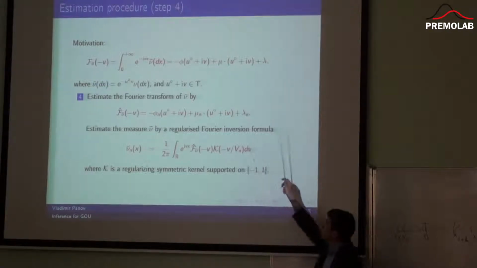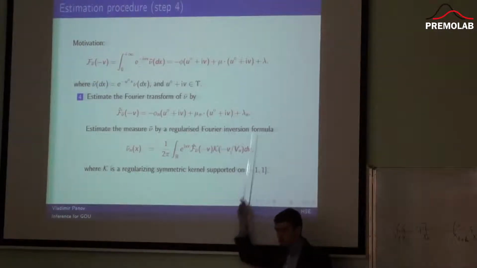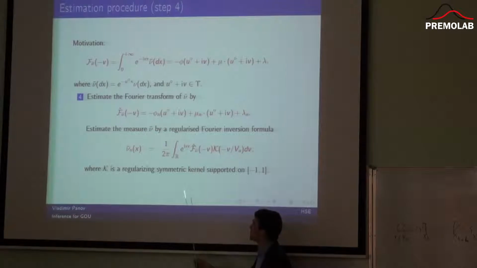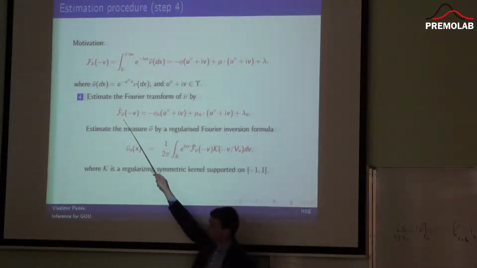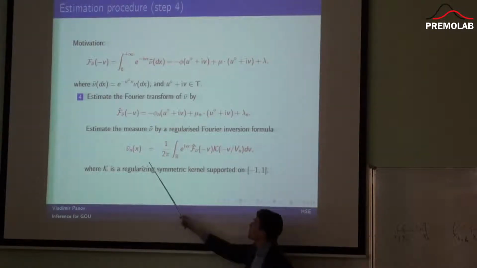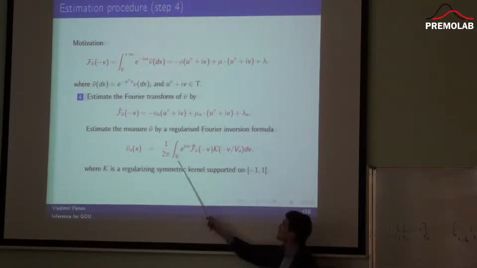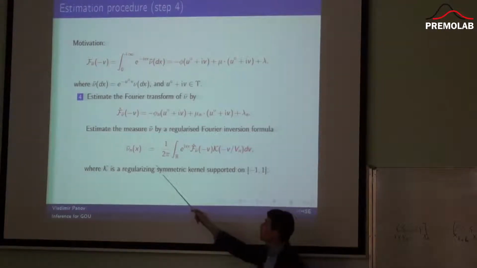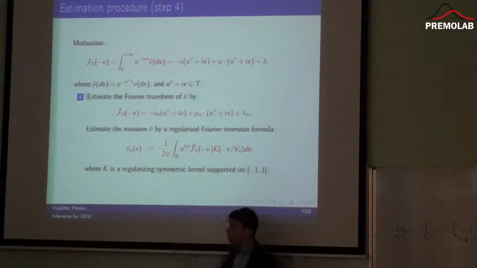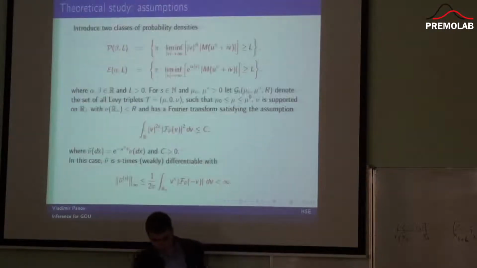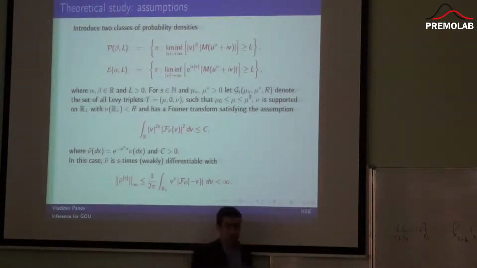All elements of the right-hand side can be estimated, as we already did. Therefore, we can estimate the Fourier transform of this measure and then use the Fourier inversion formula to recover the Levy measure. So what can we prove for this model?